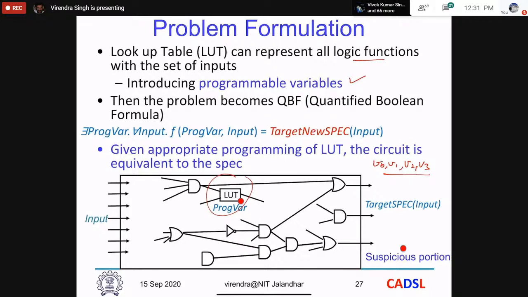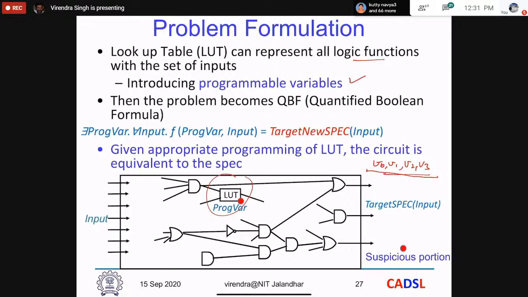And I want to fix the appropriate values of v0, v1, v2, v3 in such a way that my circuit should satisfy all input-output relationships. So given an appropriate programming of the LUT, the circuit is equivalent to the specification.